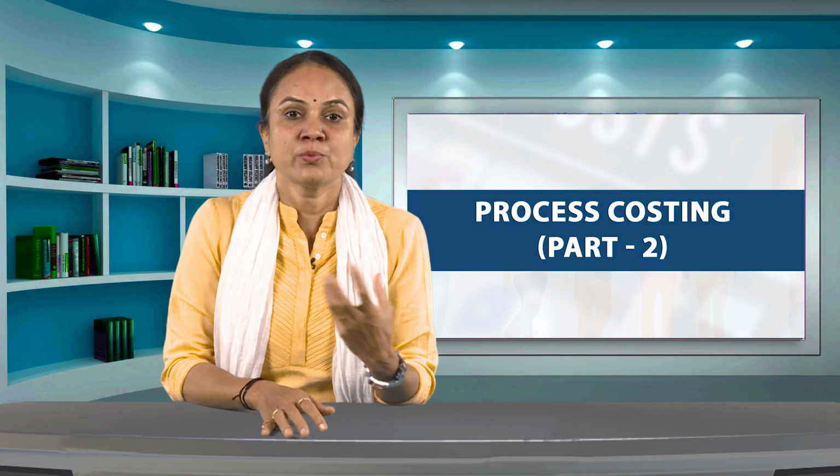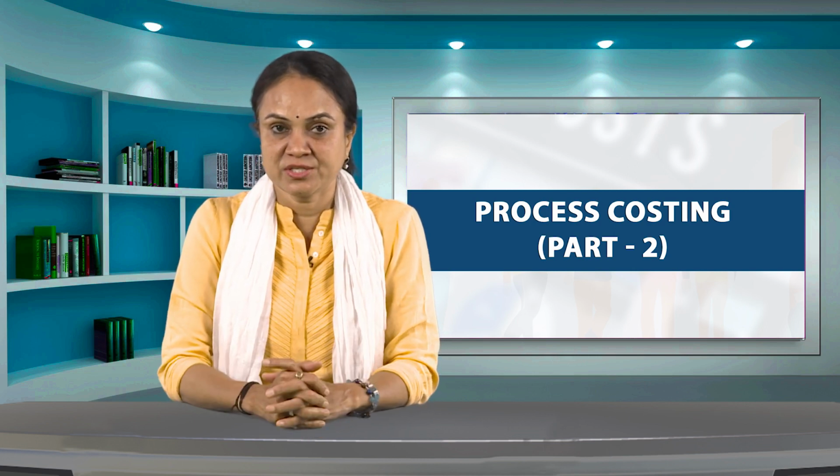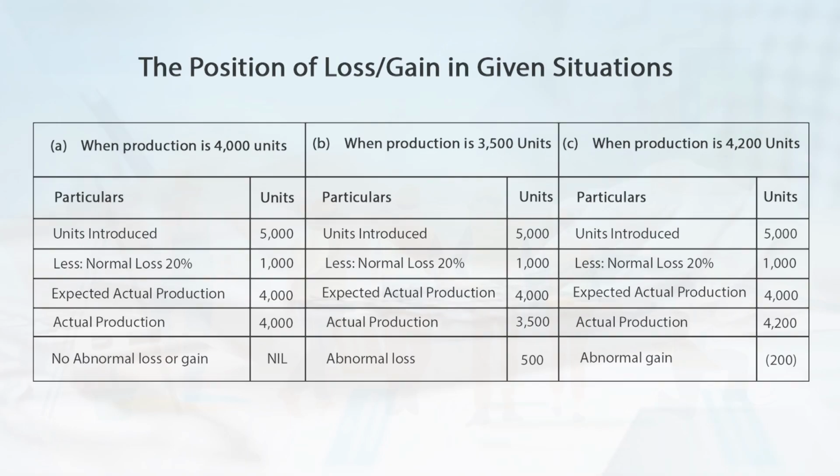Let us see the position of loss or gain in the given situation. We will prepare 3 columns for 3 cases. First case is when production is 4000 units, second case when production is 3500 units, and third case when production is 4200 units.